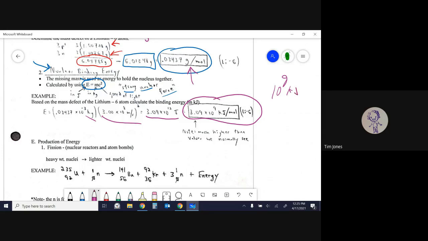We don't typically see numbers like that. When we look at highly exothermic reactions like the combustion of methane or the combustion of gasoline and so forth, we typically see numbers like 10 to the 3rd kilojoules. This is a massive number. And that's why you often will hear that nuclear processes are so energetic. It ultimately has to do with these huge amounts of energy involved in the nucleus.